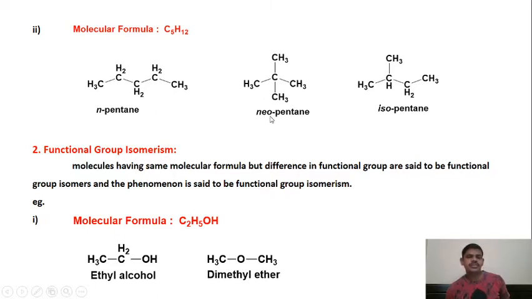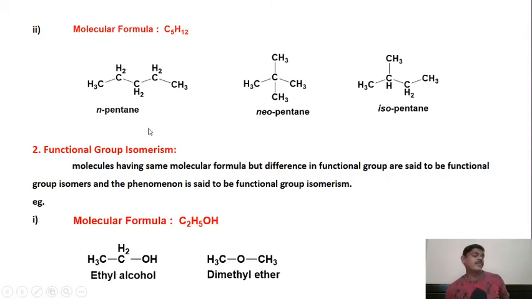Neo should be italic, n should be italic, and iso should be italic. Likewise in aromatic compounds, when we write ortho, meta and para positions, right? My mistake earlier. Ortho, meta and para positions are there. They also we have to write in italics. They are prefixes and we have to write them in italics.